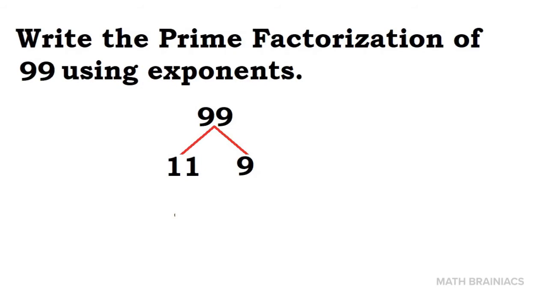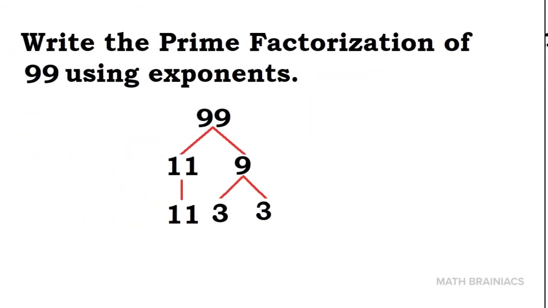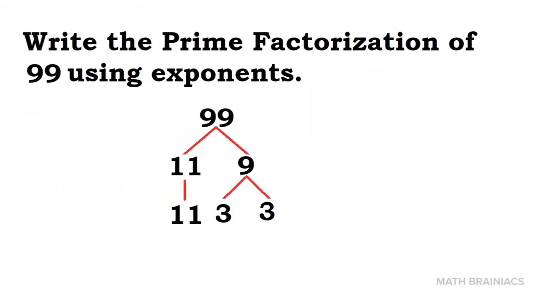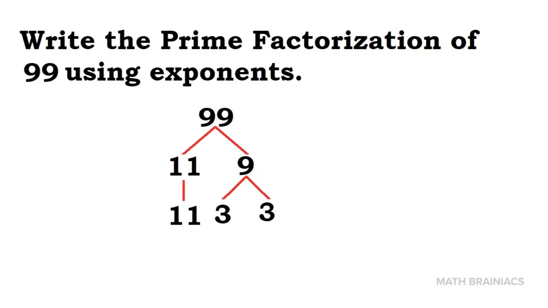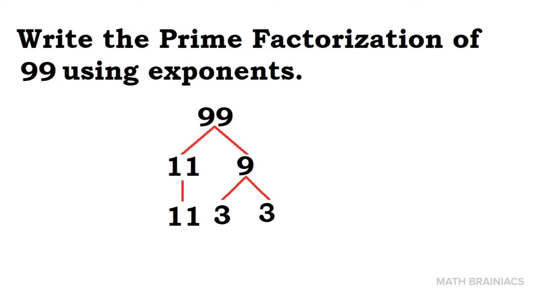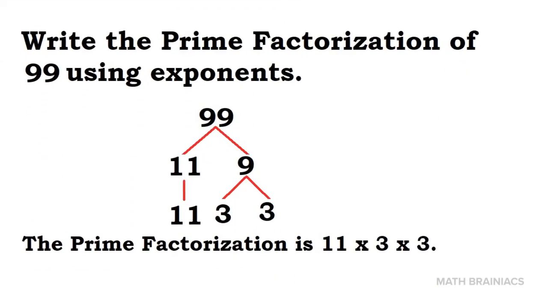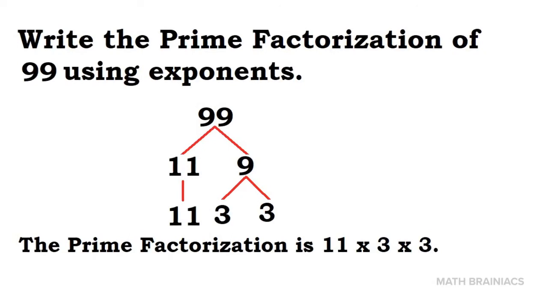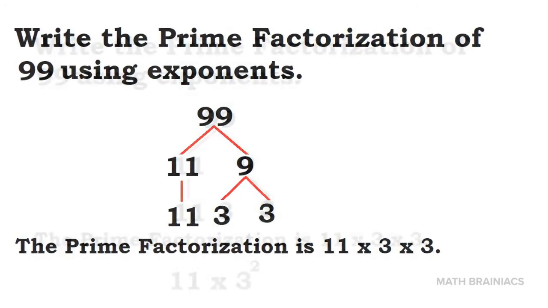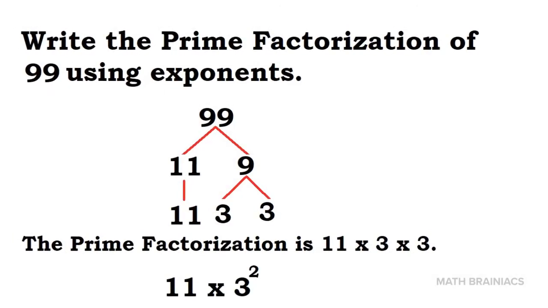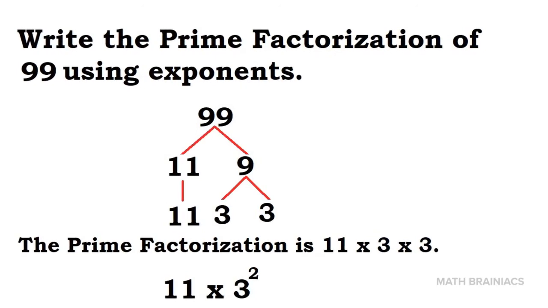So in this case, it is 11 and 9. 11 is a prime number already since the factors are 1 and itself, while the factors of 9 are 3 and 3. Now we arrive to the prime numbers. Accordingly, the prime factorization is 11 times 3 times 3. Straight off, we can write 11 times 3 squared.